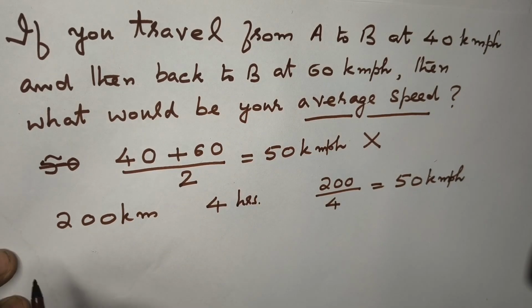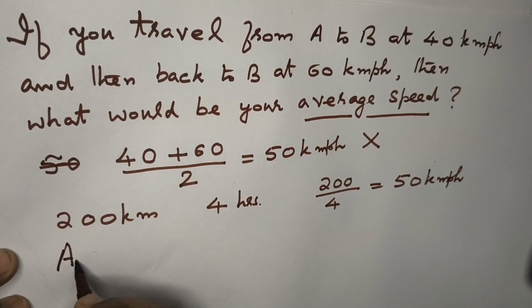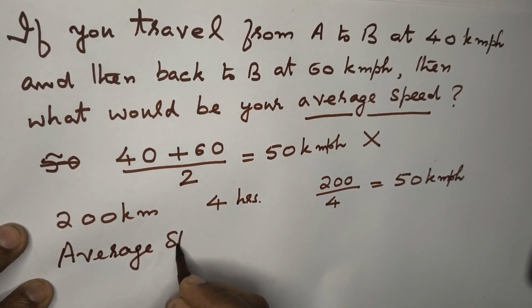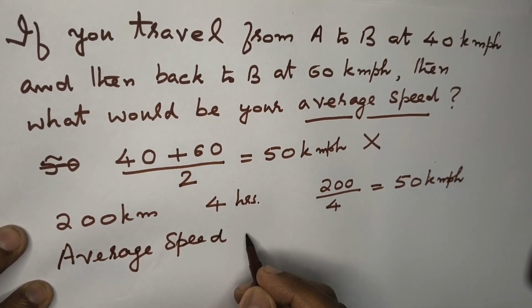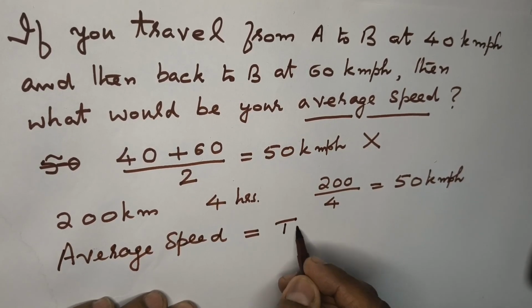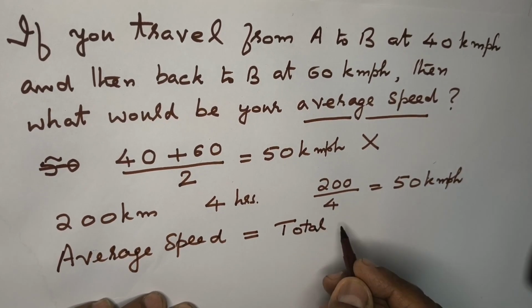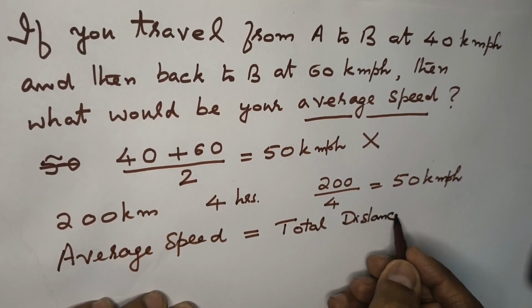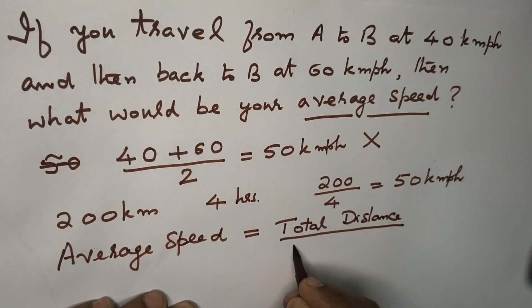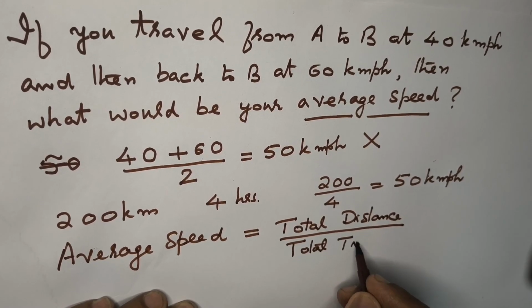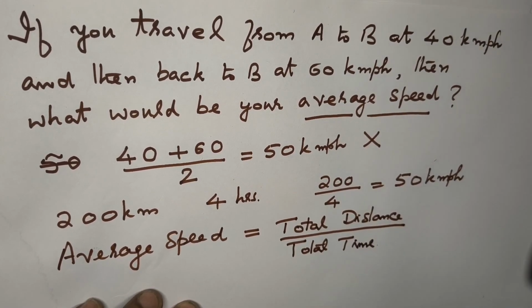So to find out average speed, all you have to do is take total distance divided by total time. This is the way you calculate average speed.